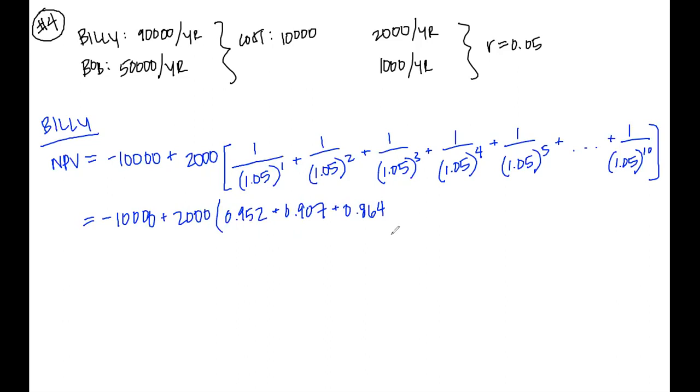Just focus on what numbers you're plugging into your calculator. I'll write everything I got down here so you can check your work, but I got 0.952, 0.907, 0.864, 0.832, 0.784, 0.746, 0.711, 0.677, 0.645, and finally 0.614.